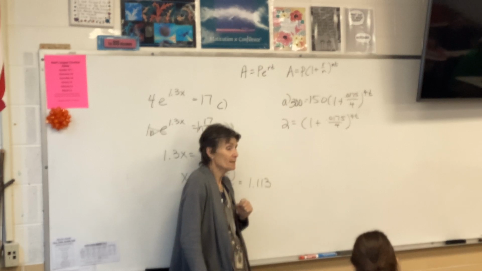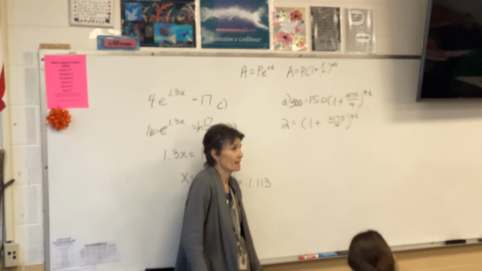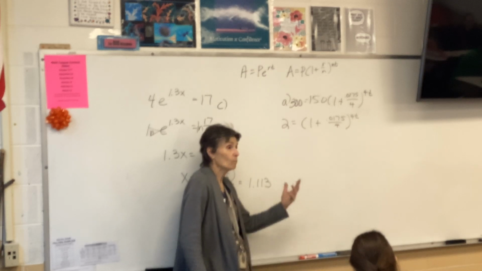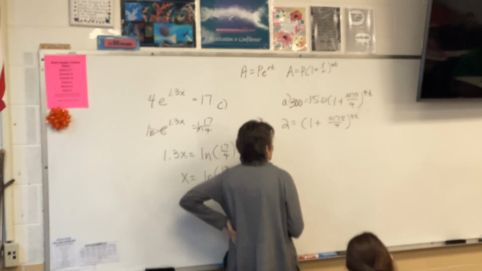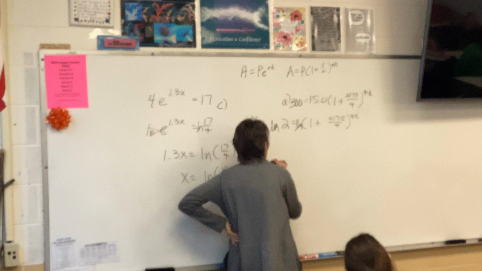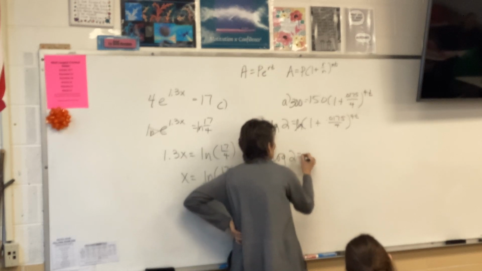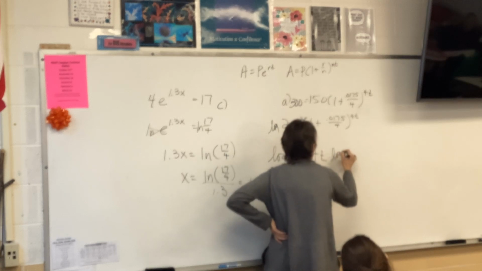When you are doubling or tripling, it doesn't matter what you start with. The time's going to be the same. All right, now what? You've got to get that exponent down. So log 2 equals 4t log of this.